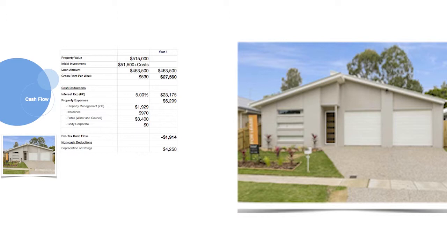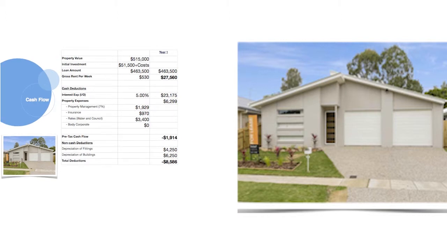Now, as I purchased this house brand new, I was able to utilise the depreciation on fittings as well. If you buy a property that's even 1 year old now, you're unable to claim that depreciation on the fittings immediately. So here what I've got is around, you can see here, $10,500, which is both of these depreciation claims put together.